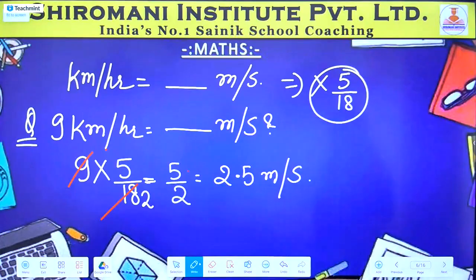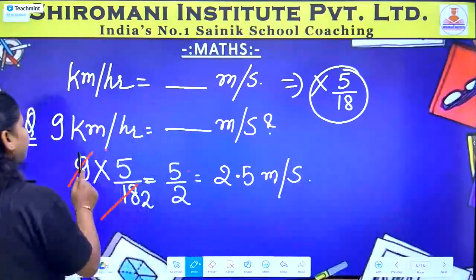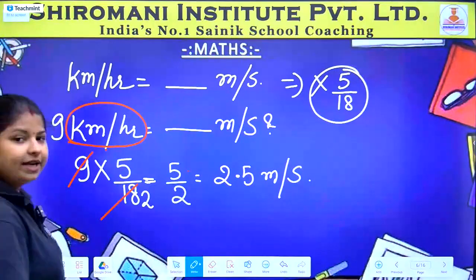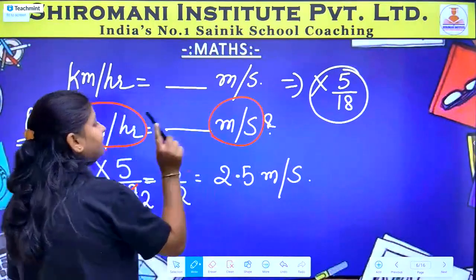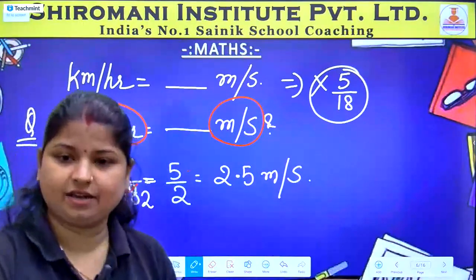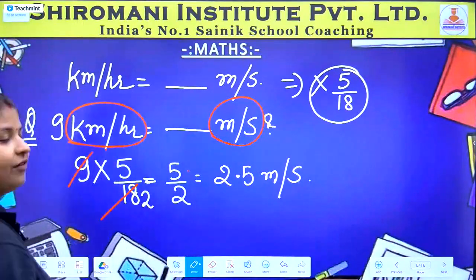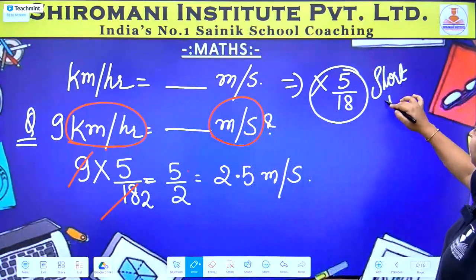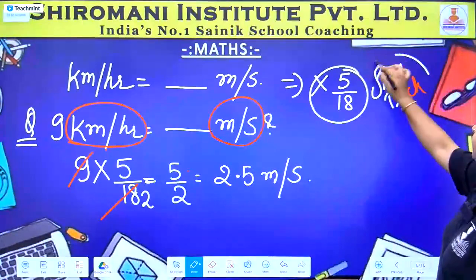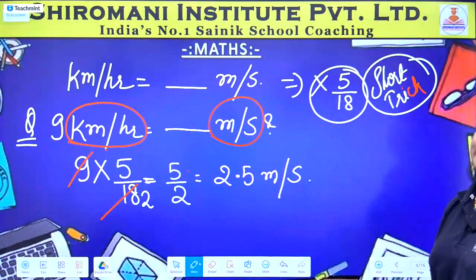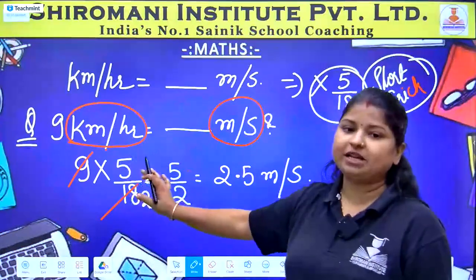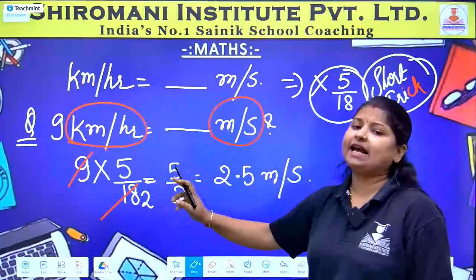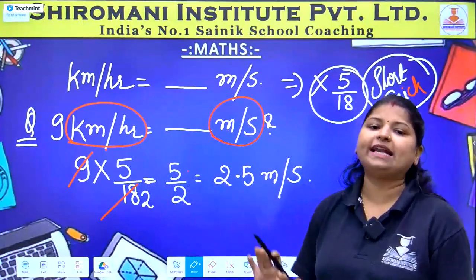See, whenever you have to convert kilometer per hour speed into meter per second, you have to use the short trick. And what's the short trick? Multiply the speed by 5 upon 18. So if it is 9 kilometer per hour, multiply 9 into 5 upon 18.